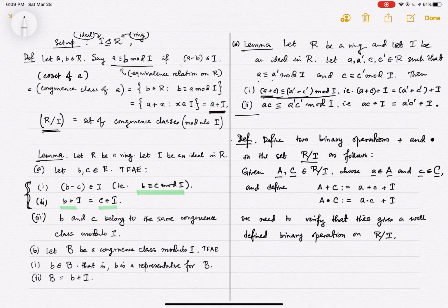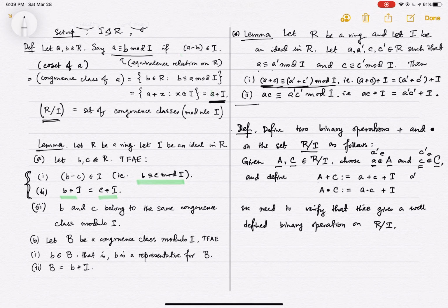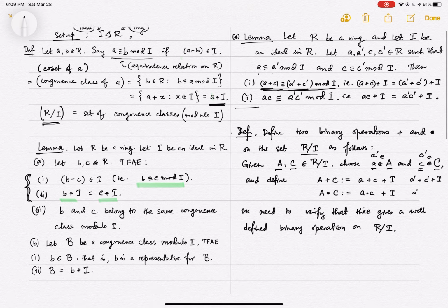But instead of choosing this little a and this little c, potentially I could have chosen some other representatives. I could have chosen a prime in A and a c prime in C. And then if I did that, I would get a prime plus c prime plus I, instead of getting a plus c plus I. And here I'd get a prime c prime plus I.